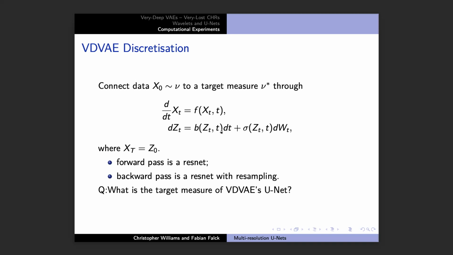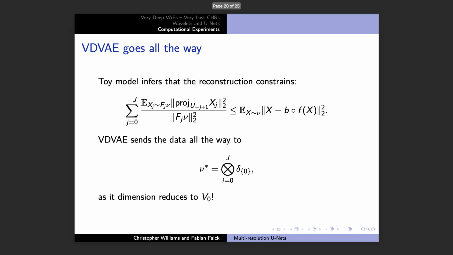But the question that I had, and isn't really stated at all in VDVAE, is what is this sort of target measure for Z0 or XT at the very end of the UNet? So grab our bound from before, because they're all orthogonal subspaces, I get a neat sum, and I'm just viewing these as the compositions of the projections.